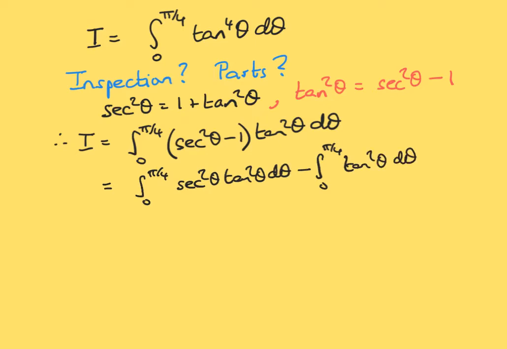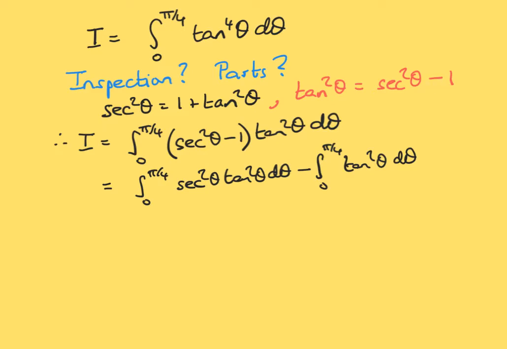So now we're going to take two different routes. This we do by inspection. This one, we can use this identity again, because if we rewrite tan squared theta as sec squared theta minus 1, well, we know how to integrate sec squared theta. It's just tangent of theta minus, and the integral of 1 is theta.